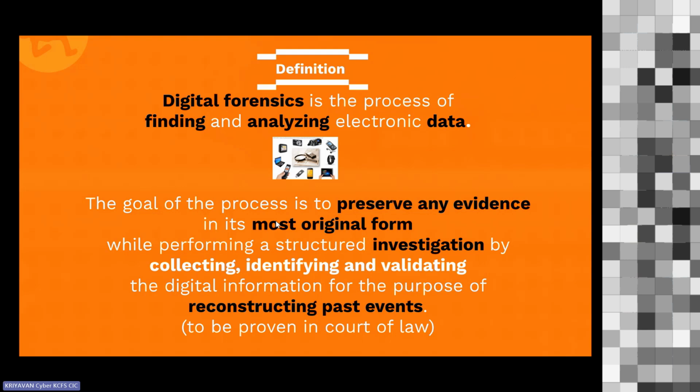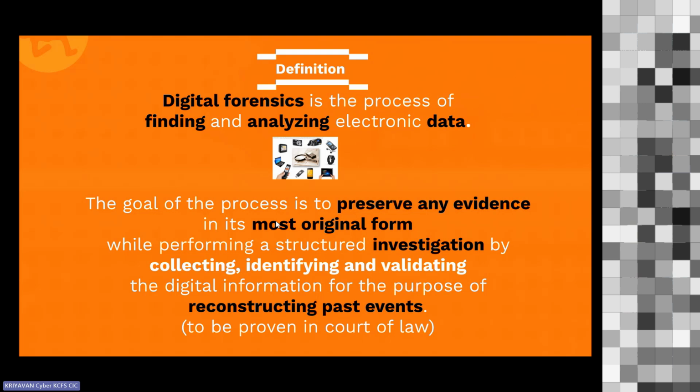So whatever keywords you are seeing now, I hope before the end of this session you'll get a clear picture of what is preserving, what is the original form and everything, right? So the goal of the process that's called digital forensic is to preserve any evidence in the most original form. Well and good, we have preserved the evidence. What is the next step? While performing a structured investigation, we go to the crime scene, identify, collect and validate the digital evidence.